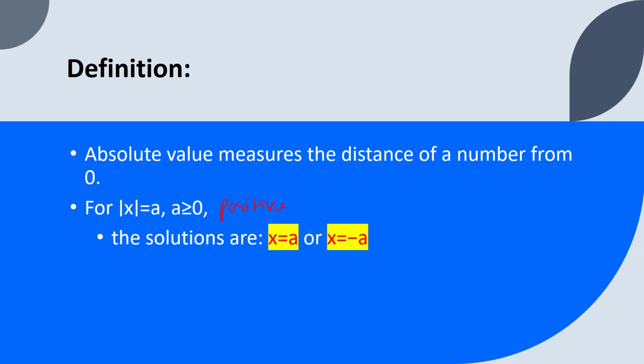Because of that, you're going to end up with 2 solutions: x equals a positive or x equals negative a. I'll give you a moment to write this down.